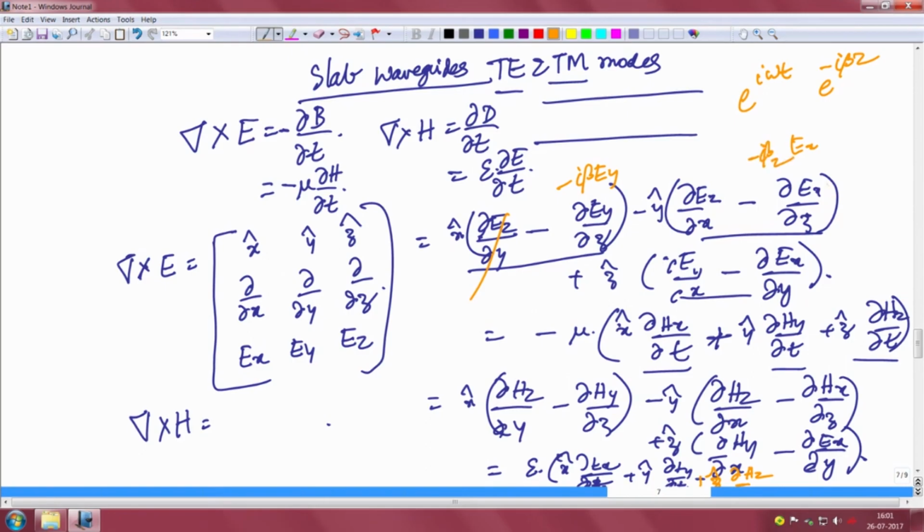The x component and y component are here, and here also the y component can be deleted. Similarly, all the time derivatives can be replaced with I omega: I omega Hx, I omega Hy and I omega Hz. Similarly, here also I omega Ex, Ey and Ez.